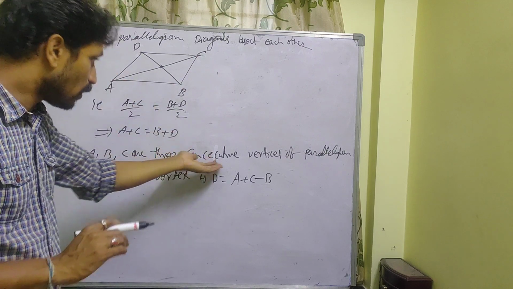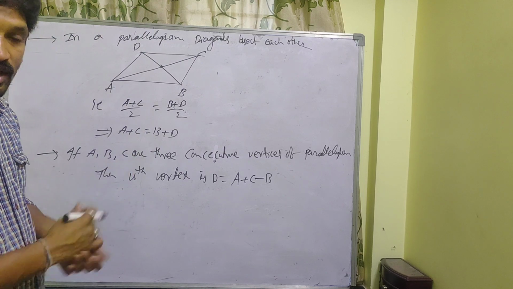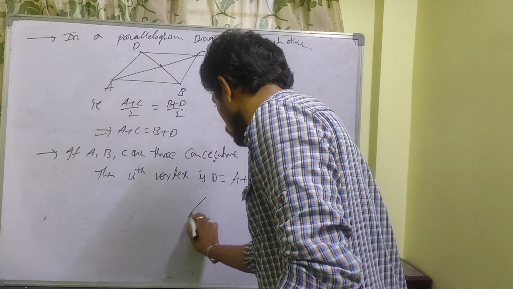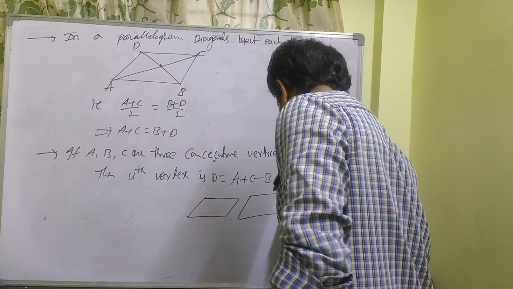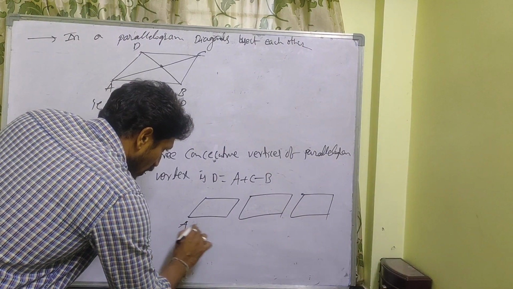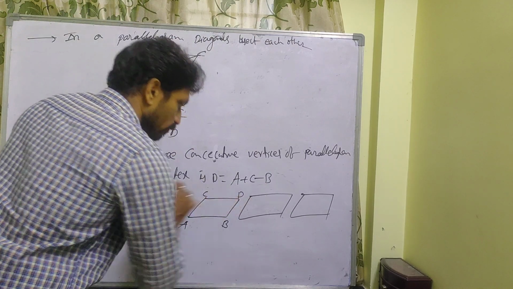If these are consecutive vertices, fine. If these are not consecutive vertices, then what are the positions? ABC, how many possibilities can we take here? Suppose A is here, B is here, C is here. So D may be here.